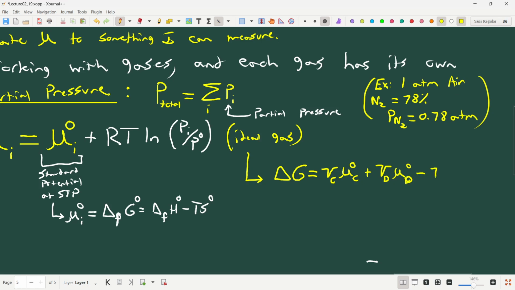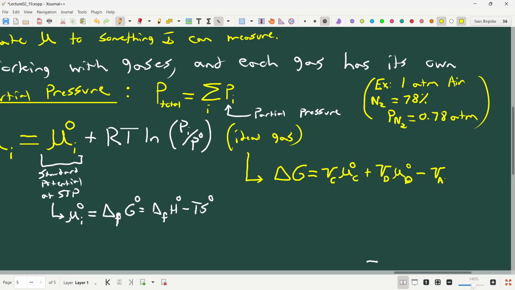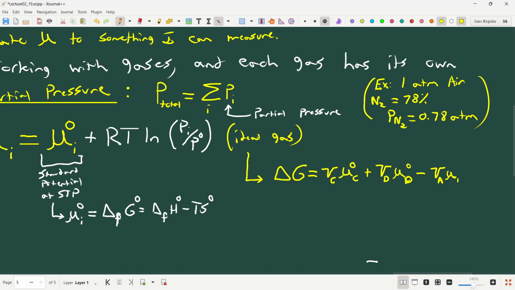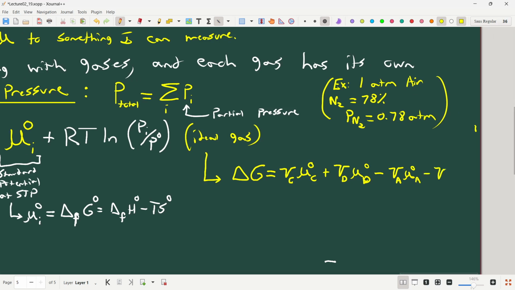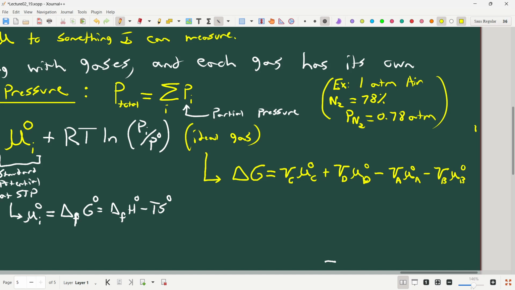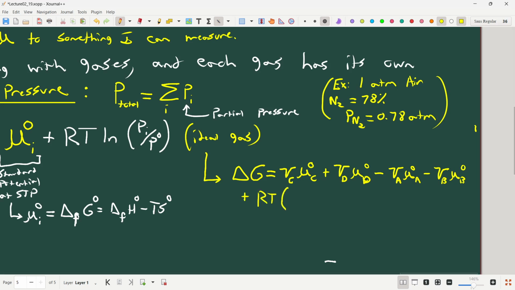minus mu A standard, minus mu B standard. And then we have these logs, which are proportional to the stoichiometric coefficients.